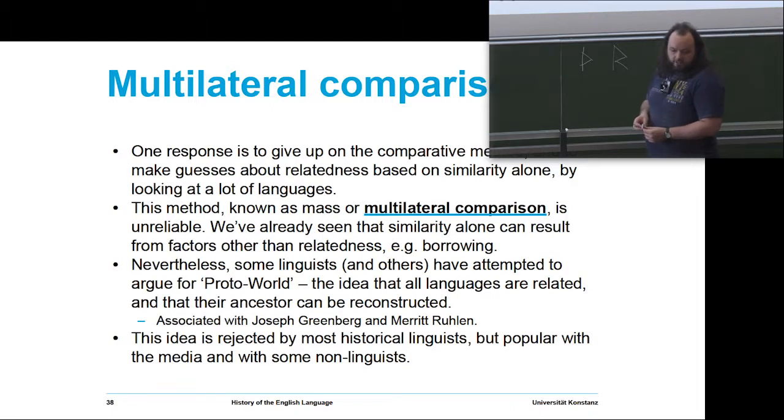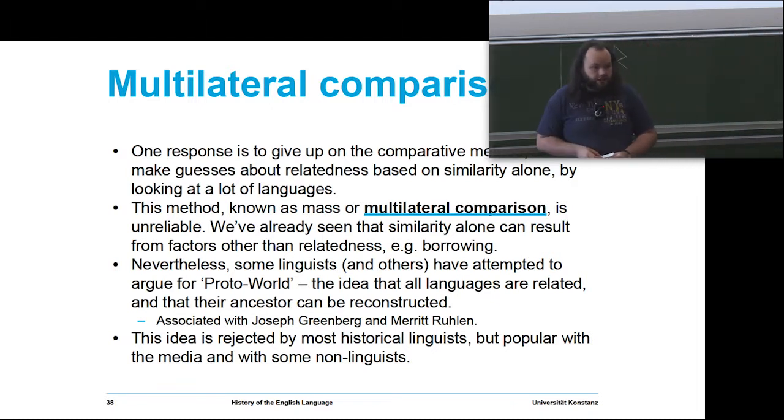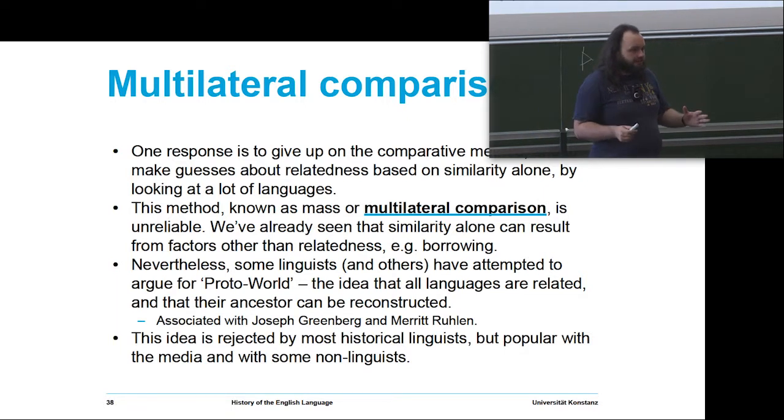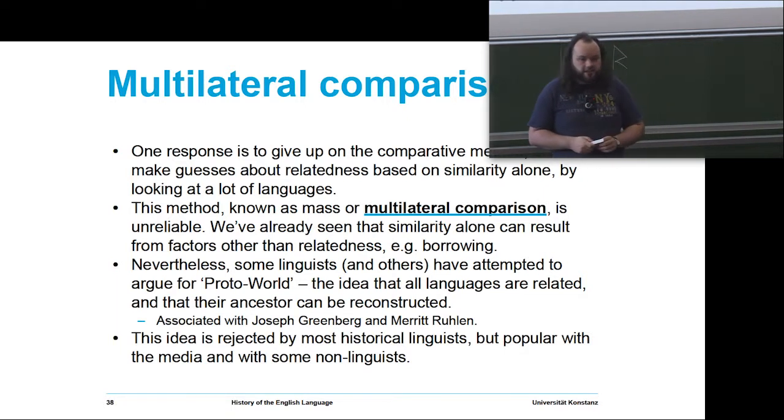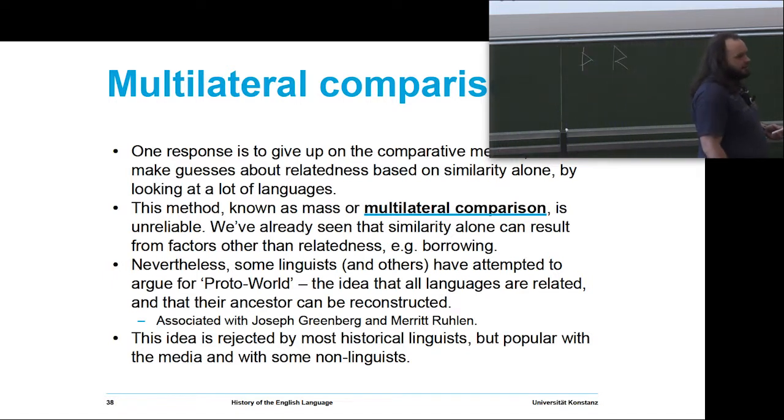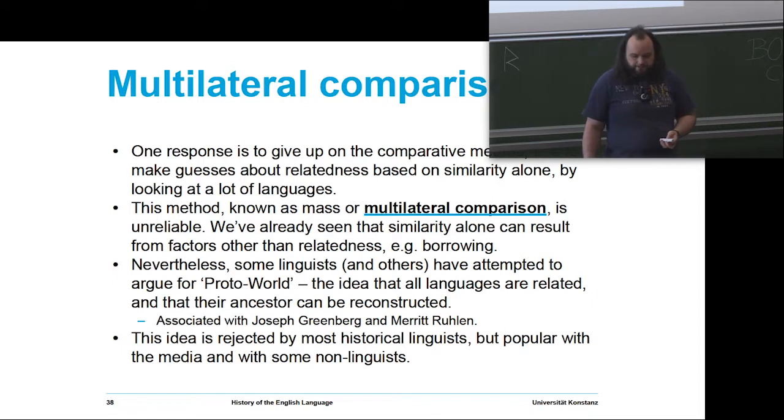Basically what you do is you look at loads of words in loads of different languages and you look for similarities between them on the basis that if you get enough data, you will eventually end up with results that tell you something, even if you're not able to establish, or you don't want to establish, systematic correspondences.